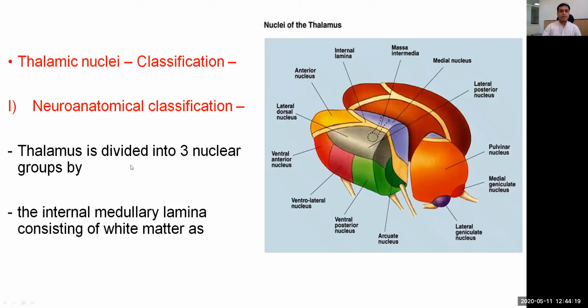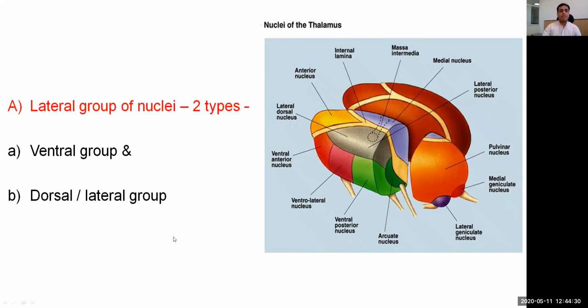Neuroanatomical classification: the thalamus is divided into three nuclear groups by the internal medullary lamina, which consists of white matter. There is the lateral group of nuclei, which are of two types: ventral group and dorsal group.